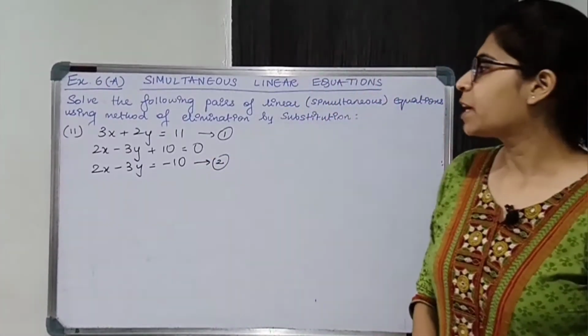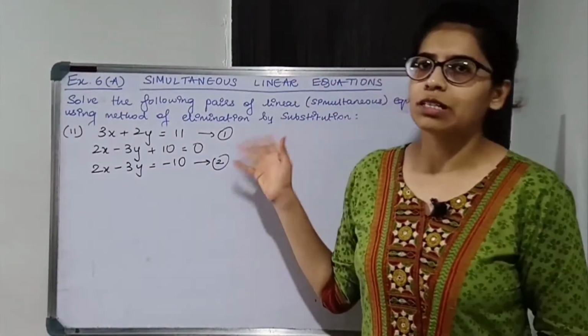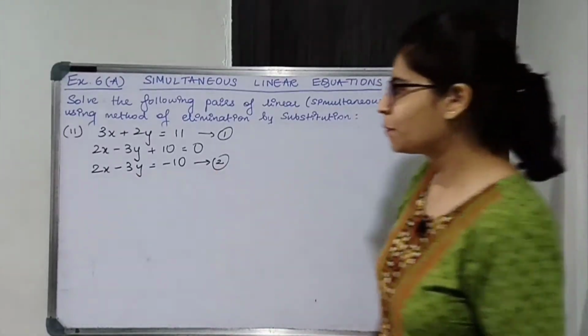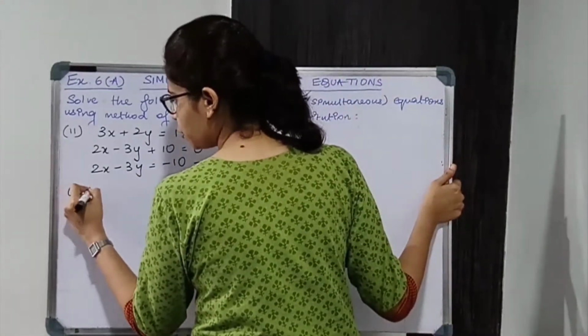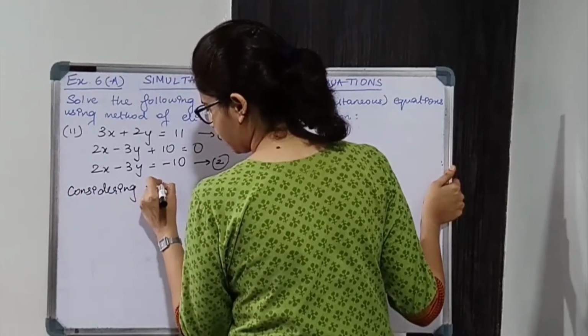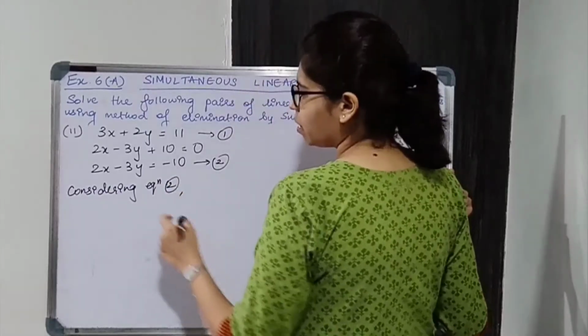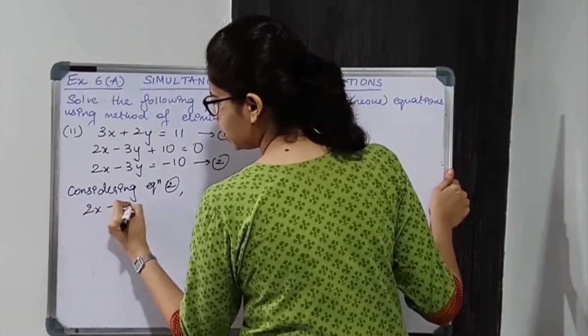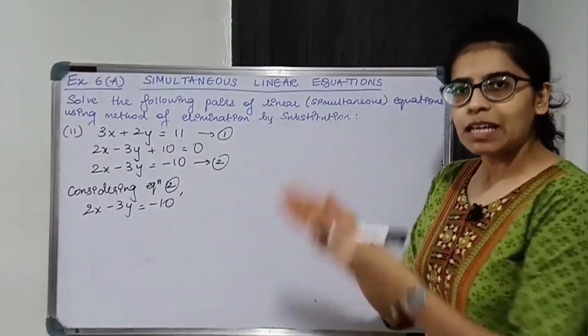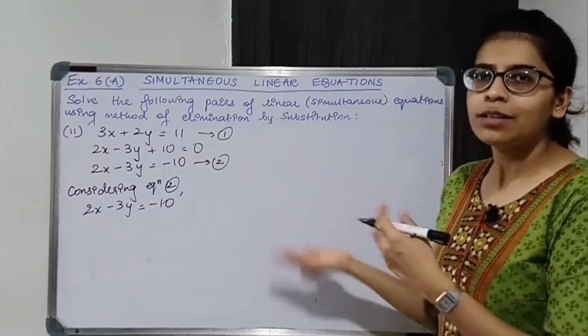All right. Now from the two equations, consider either of them. So I'll be considering equation 2 for now. So it is 2x minus 3y is equal to minus 10. Express x in terms of y or y in terms of x.